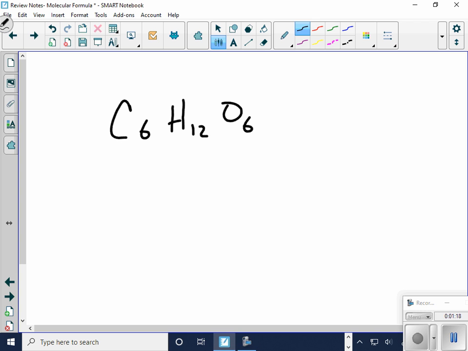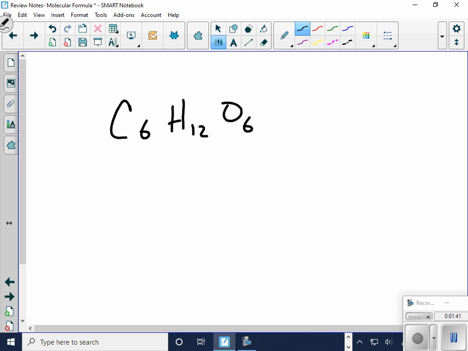So I look at something like, let's check glucose. C6H12O6. Our good buddy from photosynthesis. Okay, plants make glucose. We use glucose in cellular respiration to get our ATP. Now, I look at that. Is there a way that I could reduce glucose down? Yes, it is.